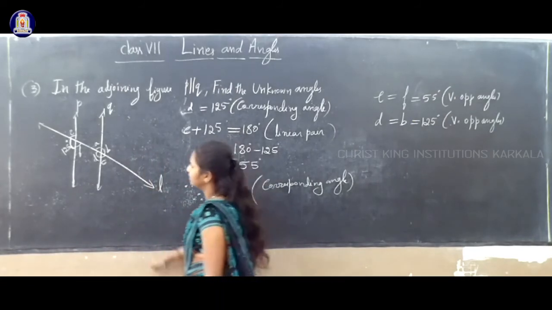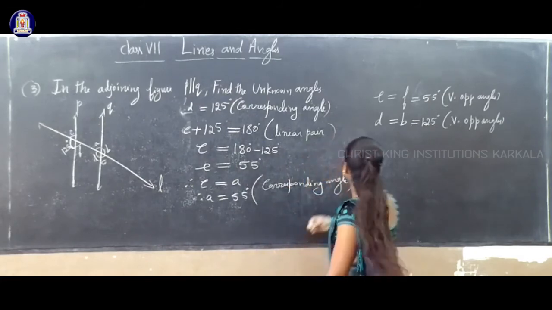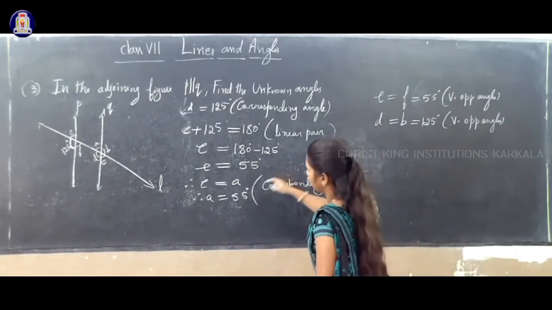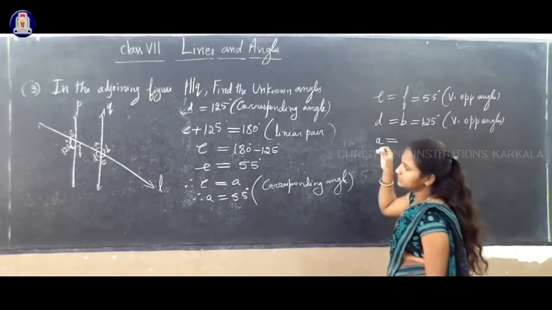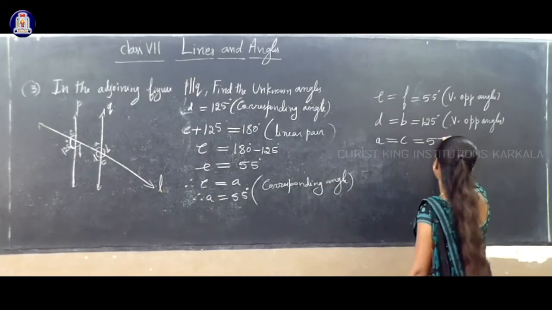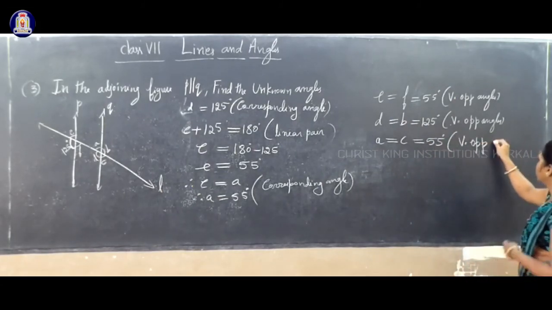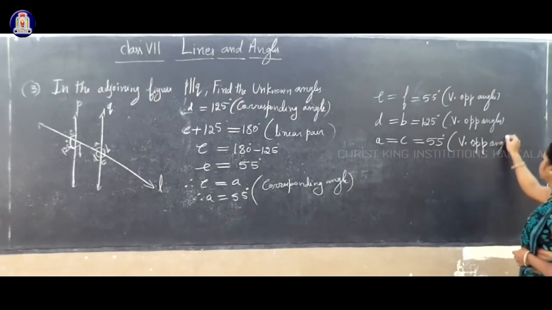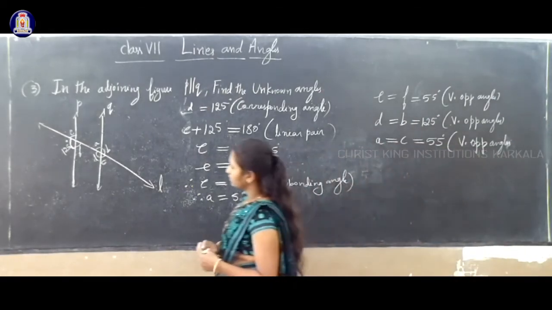Similarly, angle A and angle C. Is it equal, vertically opposite? Yes. Do you know angle A? Yes, that is 55 degrees. So angle A is equal to angle C, both 55 degrees, because they are vertically opposite angles. Okay. Clear? Now we got all the angles.